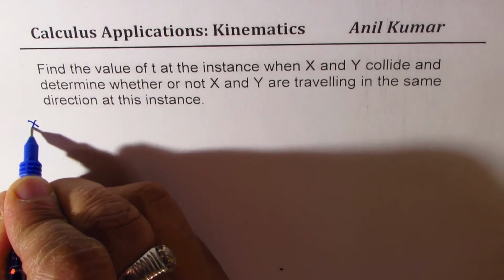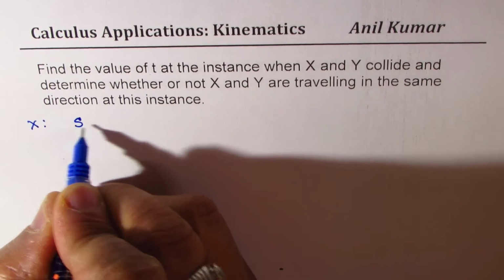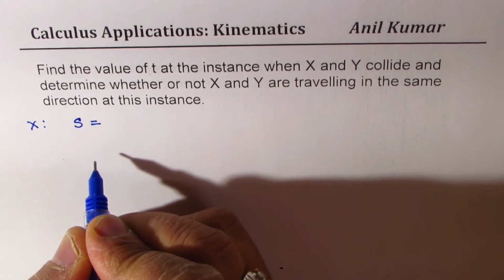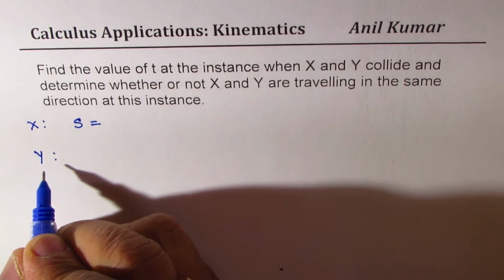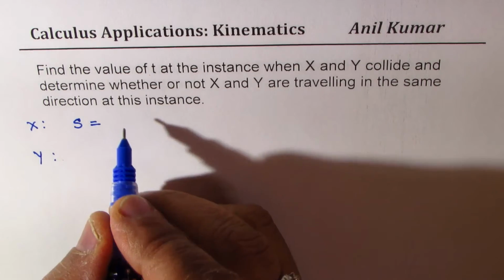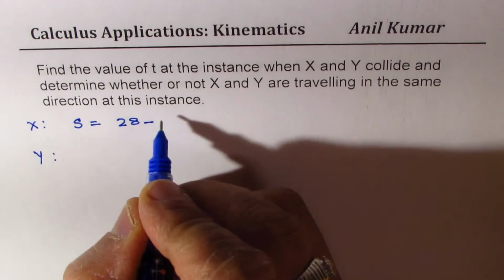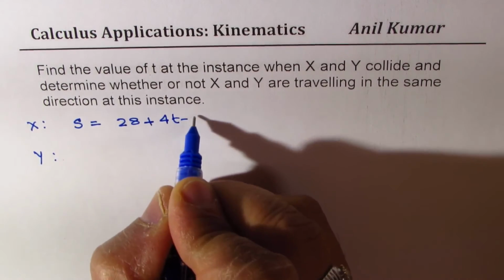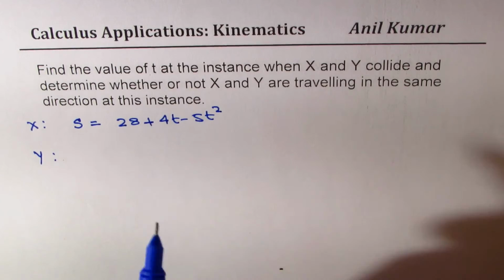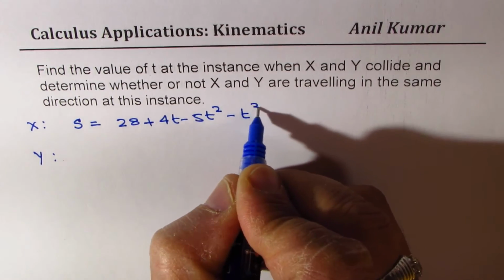So for x, what is the displacement? Right? So we were given this function. For y, what is the displacement? We are given displacement as 28 plus 4t minus 5t square minus t cube.